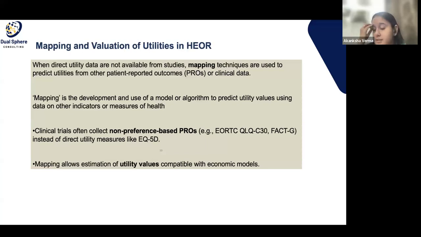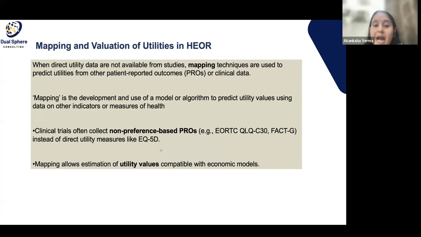If other patient reported outcomes or trials are available where they have captured patient reported outcomes, we can leverage those, and using mapping we can predict or calculate the utility values.